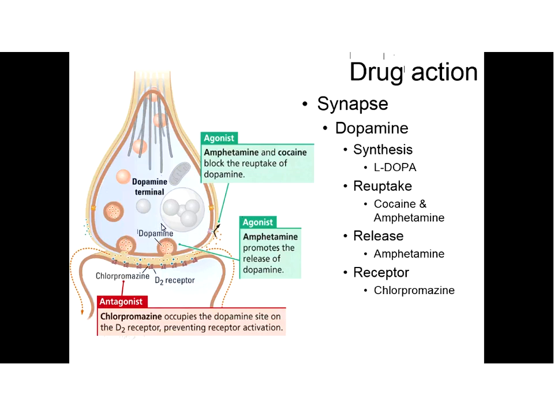So we'll say a D2 receptor, indicating it's a dopamine receptor site, and when chlorpromazine is available, it will block dopamine transmission. So chlorpromazine has been used to treat schizophrenia by blocking dopamine neurotransmission, and that suggests the role of dopamine in some of the symptoms associated with schizophrenia.